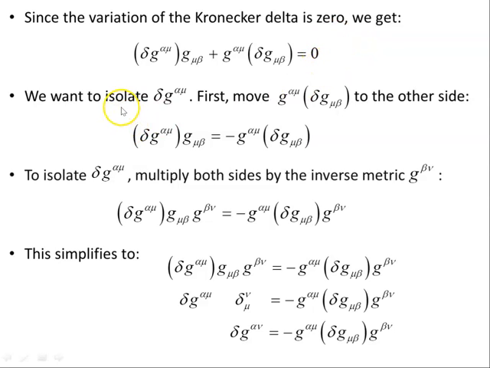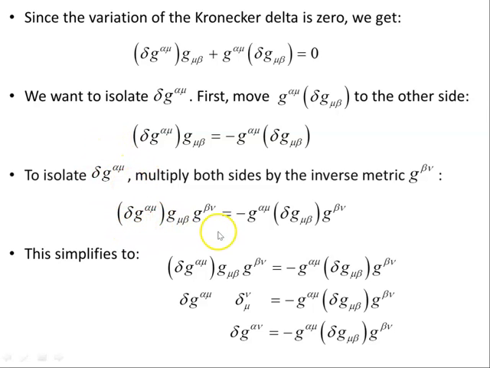All right, now what we want to do first off is isolate this term here, this element of the term. So first we're going to move this bit over to the other side, hence the minus sign here. And then what we're going to do is isolate the variation of the inverse metric. We're going to multiply both sides by this inverse metric in order to use the Kronecker delta, so that we can produce this term by itself.